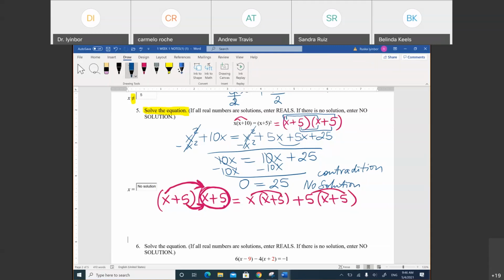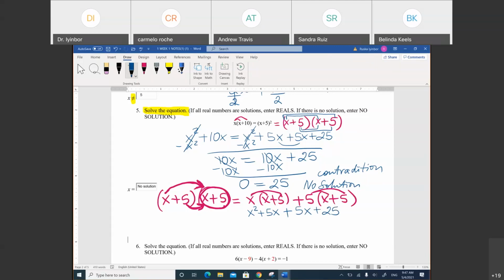So you're going to get x times x, which is what? X squared. X times 5 is 5x. And then the other one is 5 times x, another 5x. 5 times 5 is 25. Okay? So that's one way of doing it.